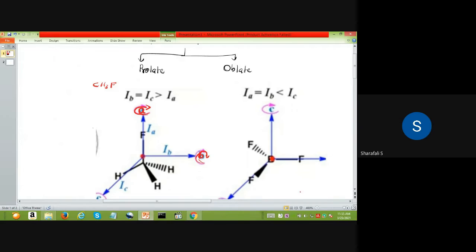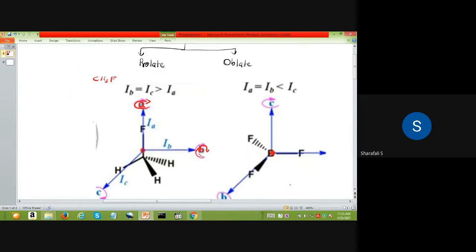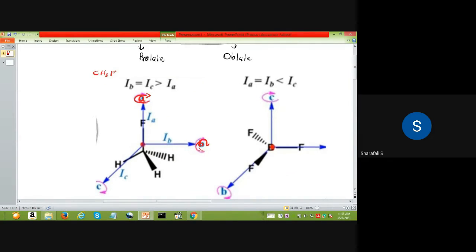And this is my axis C, and the rotation of the molecule will happen like this.